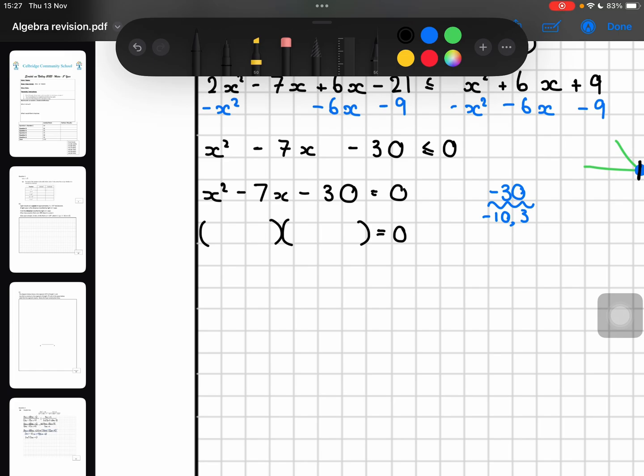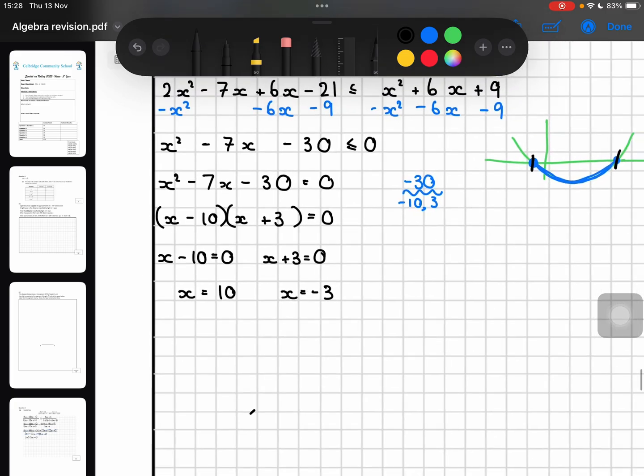Once I have those numbers, I put x first in both brackets and then the two numbers in the brackets with them. So I have two brackets multiplying to give me 0. So let each bracket individually go to 0 and use those factors to solve the roots.